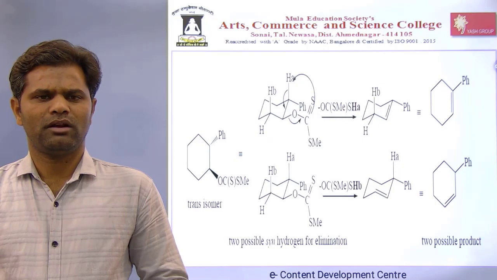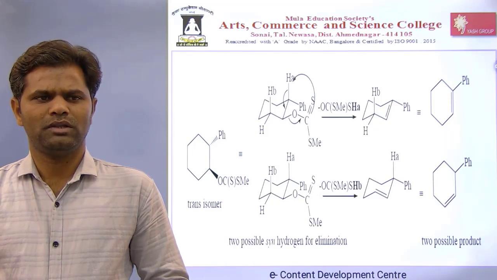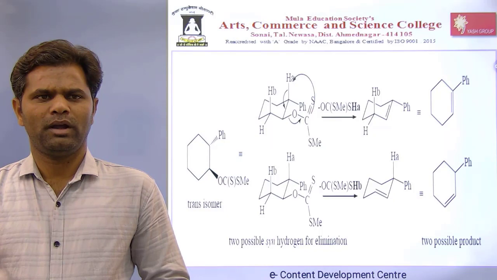How are these two products possible? For the trans isomer, if you draw its chair conformation, the phenyl group is alpha oriented and the OCS SMe group is beta oriented. That's why in chair form the alpha oriented phenyl has the equatorial orientation and the leaving group also has the equatorial orientation. That's why it is the trans one.